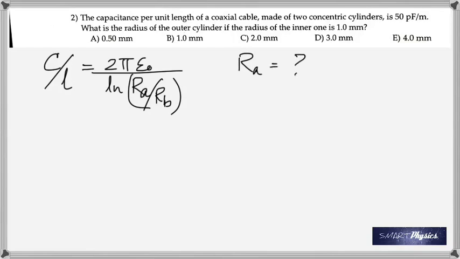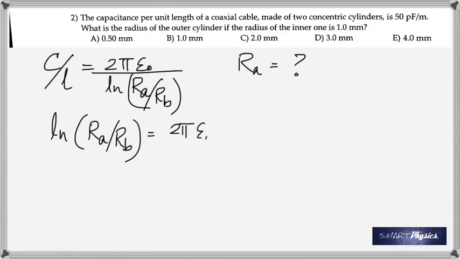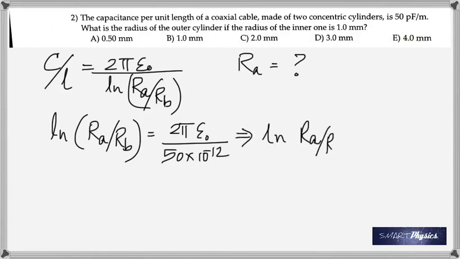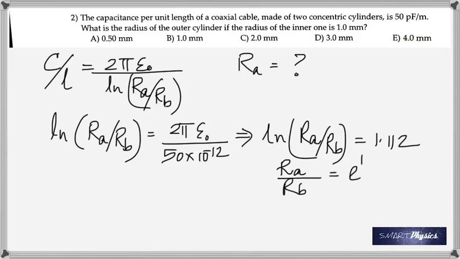As before, we have to find the radius of the outer cylinder, make that the subject, and obviously you have to calculate really carefully here, because first you get the natural logarithm of the ratio, and once you get that, you take the exponential, 1.112, and you get the answer as 3 millimeters. That's the radius of the outer cylinder.